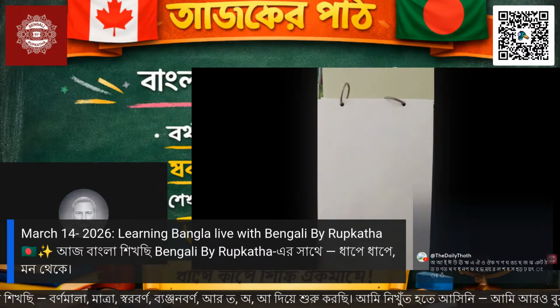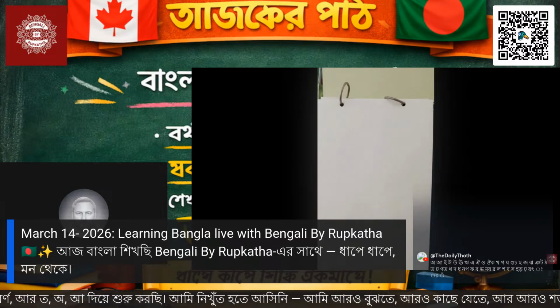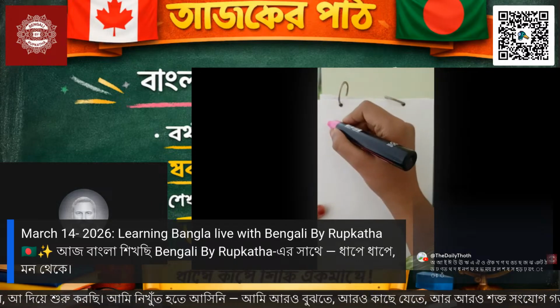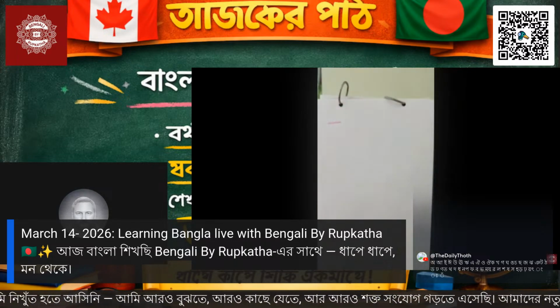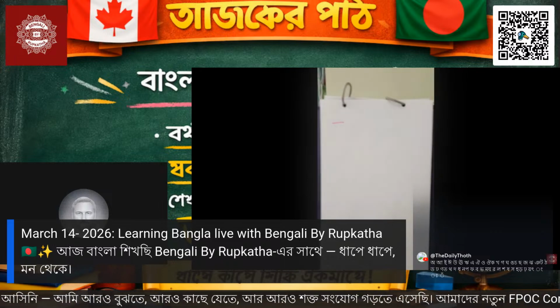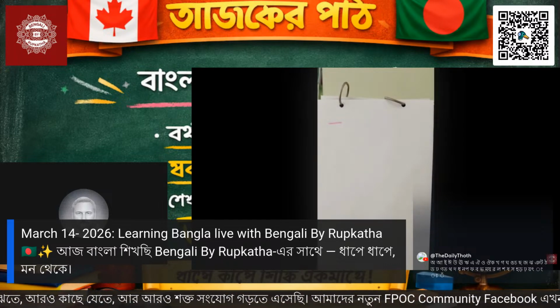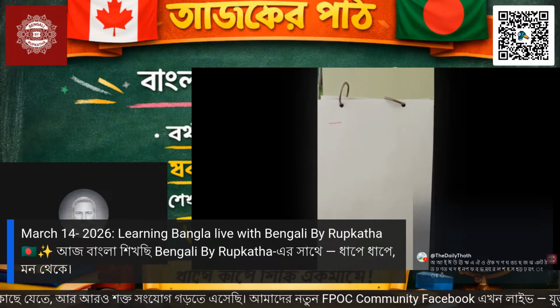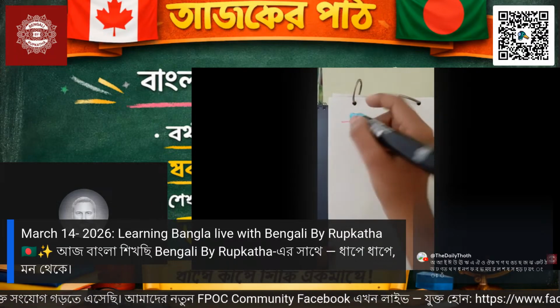Next we will learn another new Shorovarno. So let's start writing. Hope you remember what this is called. Matra. And for Shorovarno, we have been using blue color, so I'm going to use blue for this, most likely.